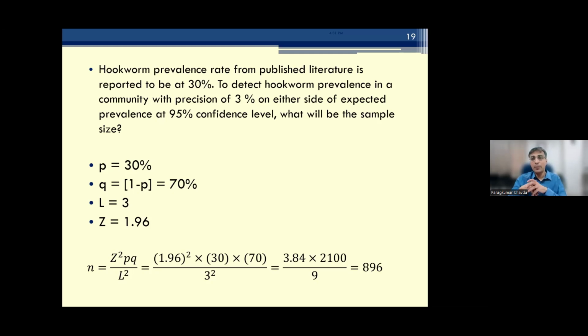A common mistake that many people make is that they change the prevalence data. We should not be doing this, because expected prevalence is what you are expecting in your own setting.